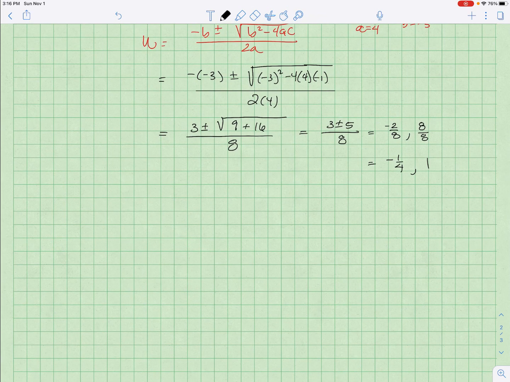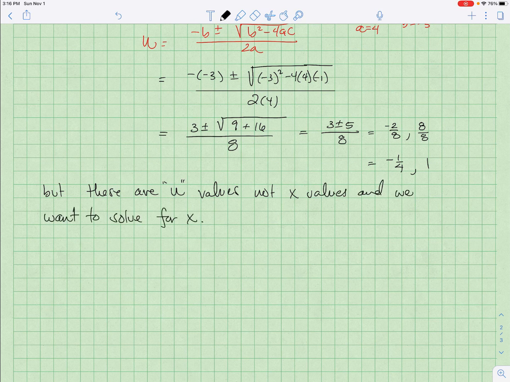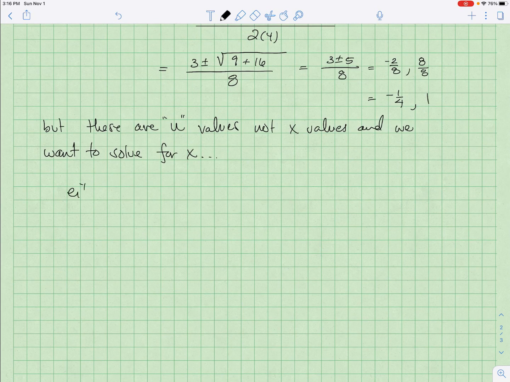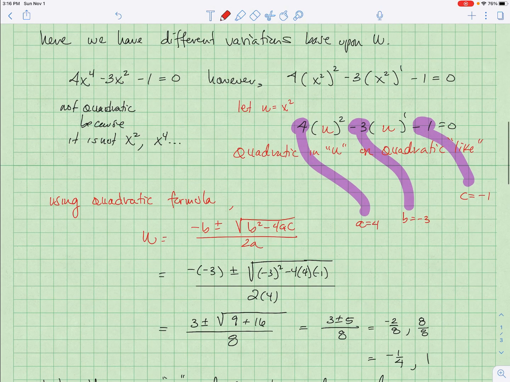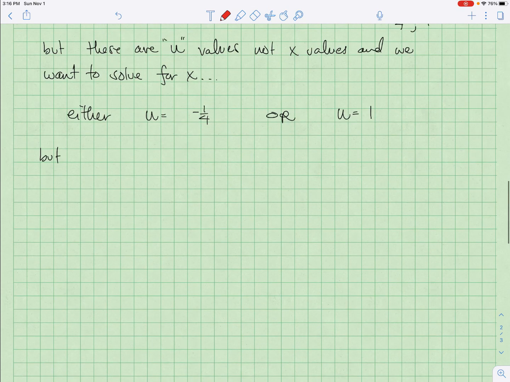However, but these are u values, not x values. And we want to solve for x. So either u equals negative 1/4 or u equals 1. But according to our substitution back here, u is equal to x squared.